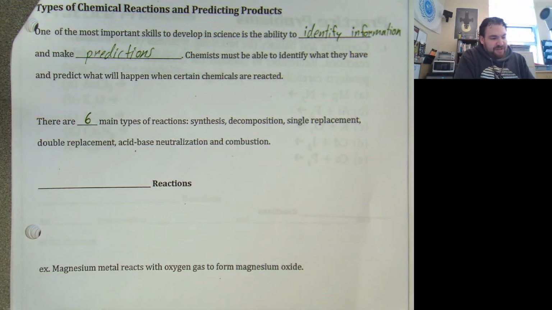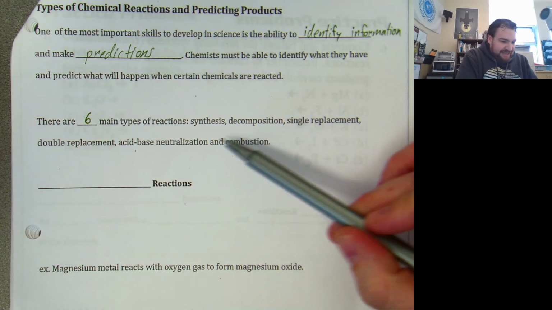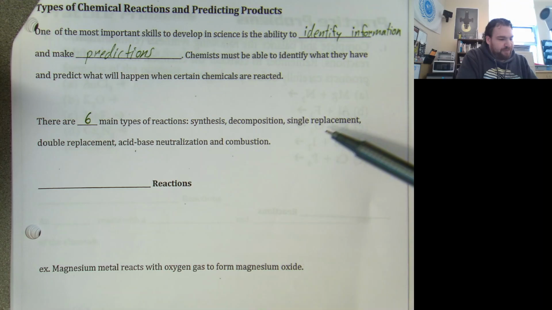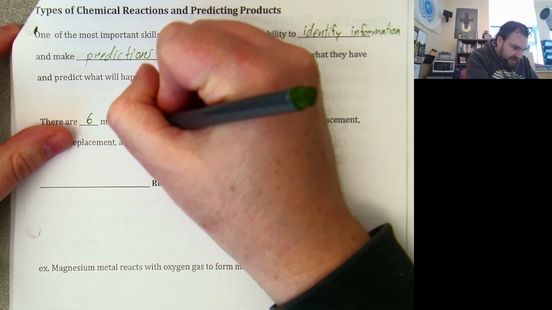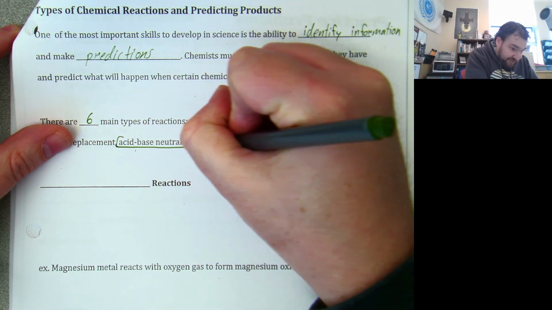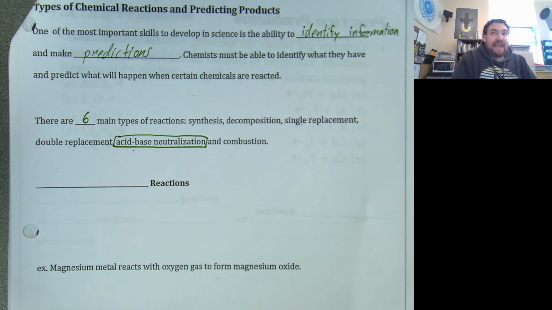So these are the most important 6 types of reactions that we're going to look at, and here they are named for you already. Synthesis, decomposition, a single replacement, a double replacement, an acid-base neutralization. This we've done already. This was yesterday. And a combustion, which you might think you're familiar with, but what you're probably familiar with when we talk about a combustion is a very narrow type of combustion, and there are more.